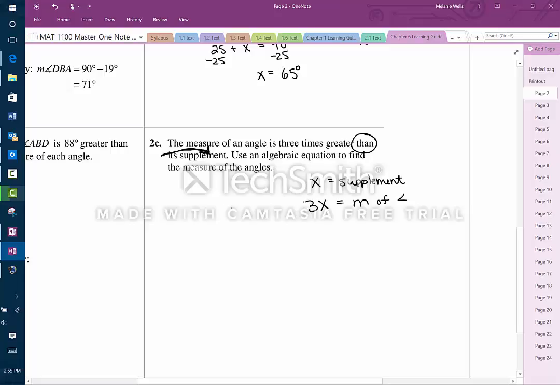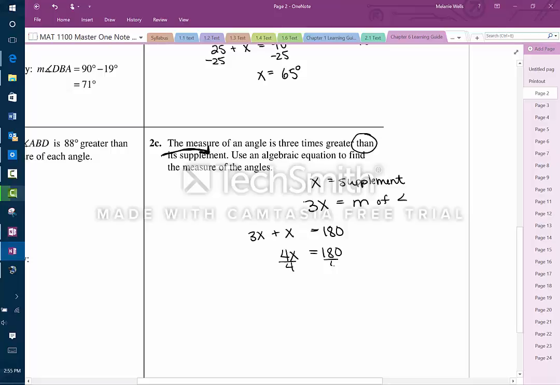Okay, so then we see that it's a supplemental angle, which means that these 2 angles would add up to be 180 degrees. So the 3x plus its supplement would add to be 180. That means 4 times x is 180.